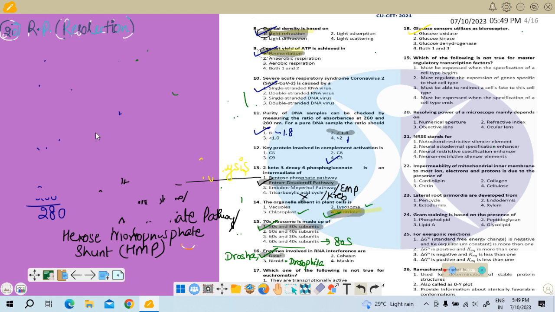See, another question was optical density. Optical density was based on light refraction. Now here we are talking about resolving power. So this is from microscopy, resolving power.